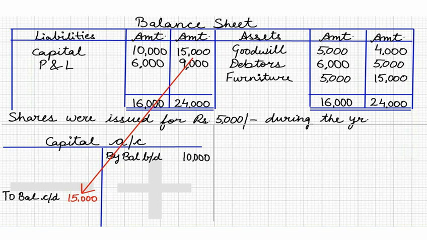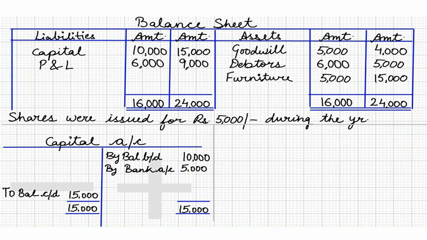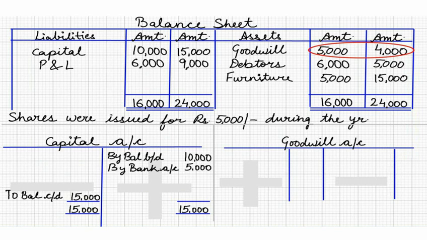So you can say by bank rupees 5,000, because this is the fresh capital. This is the plus item and it is always written on the credit side. So the total is 15,000. It means 5,000 shares have been issued. This is the inflow.